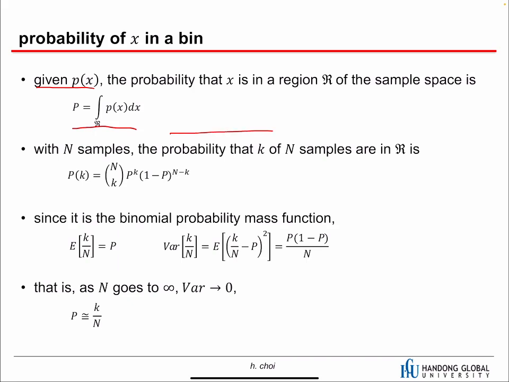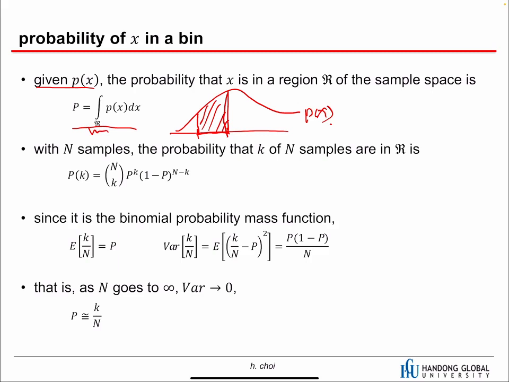So let's assume that we have p of x here, and then we have a region here. Okay, so the probability that x is in this region is actually this area. Okay, and then this area can be calculated by this integral.